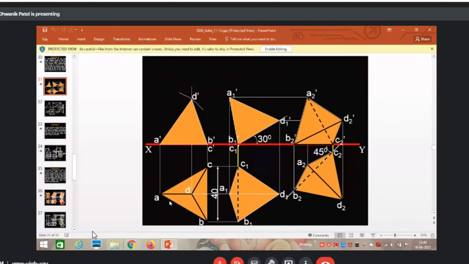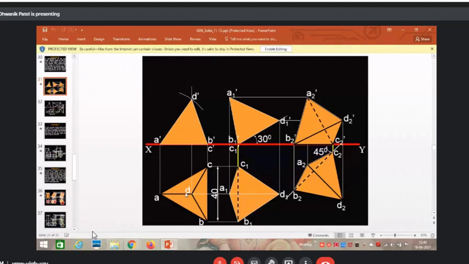So how will you draw the elevation part? The edges which are parallel to the xy line, you will draw the vertical projection. So from the D point you will draw vertical projections, from the A point you will draw vertical projections. Then you will mark the a dash point here.